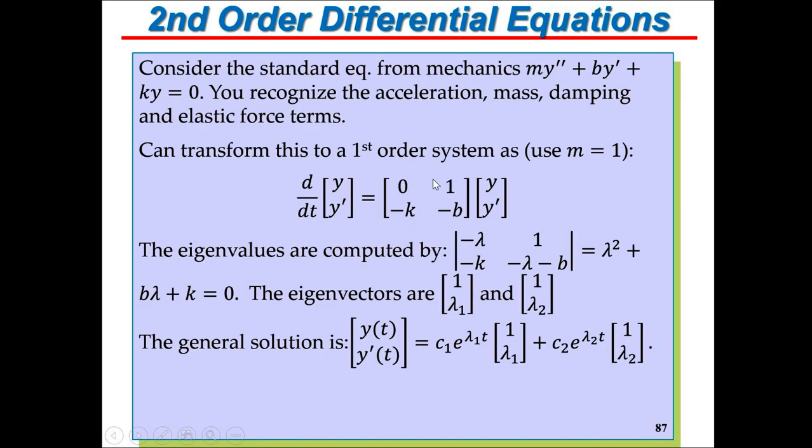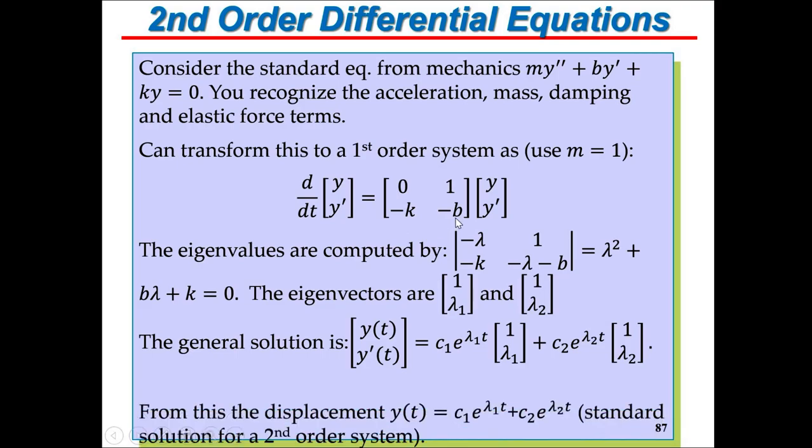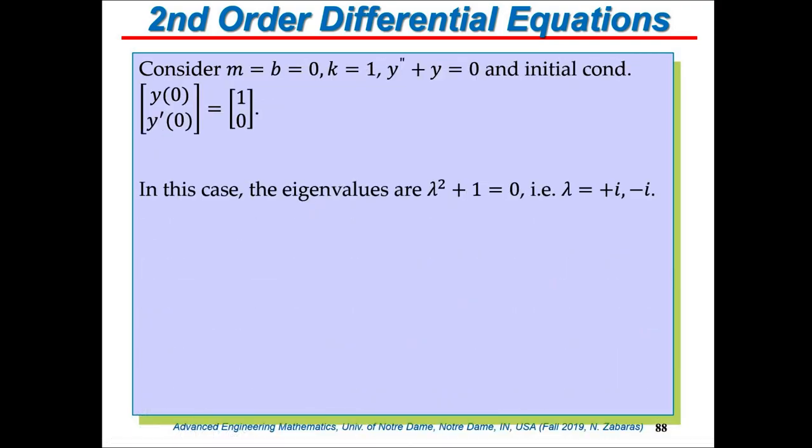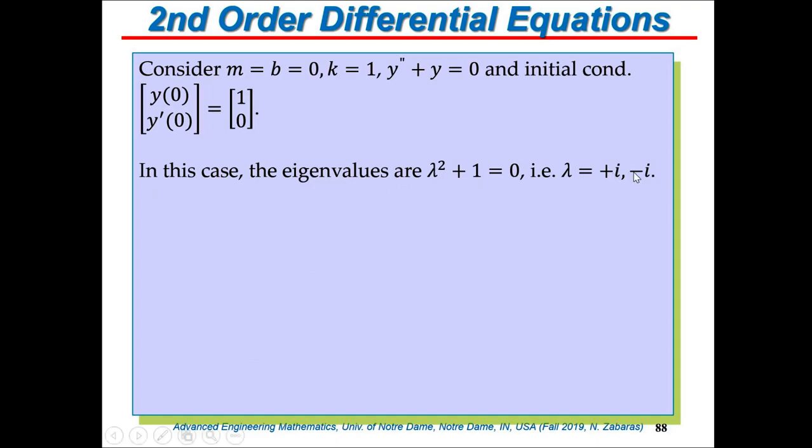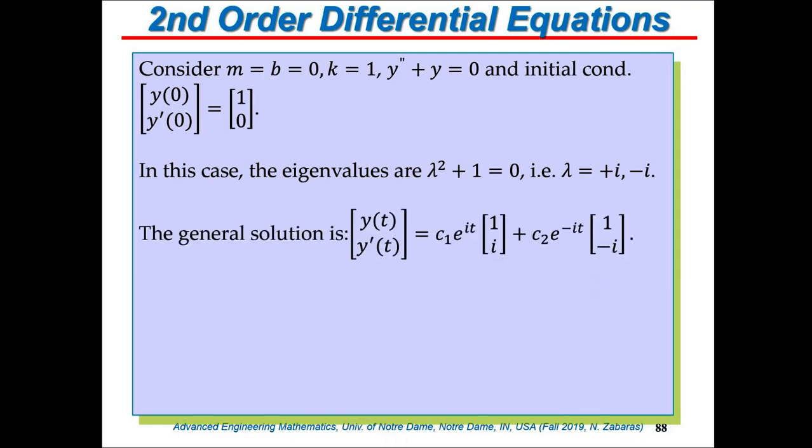So you're going to have a matrix 0, 1, minus 1, and 0. This matrix you can immediately show has eigenvalues plus minus i. All right, so if lambda is plus minus i, you can compute the eigenvectors, and you can show that the eigenvectors are (1, i) and (1, minus i).